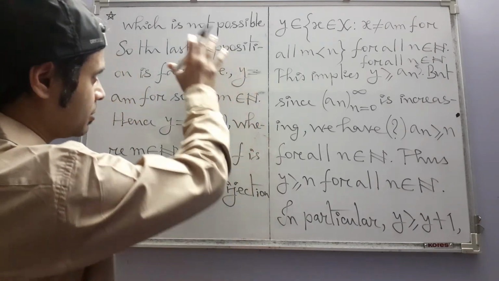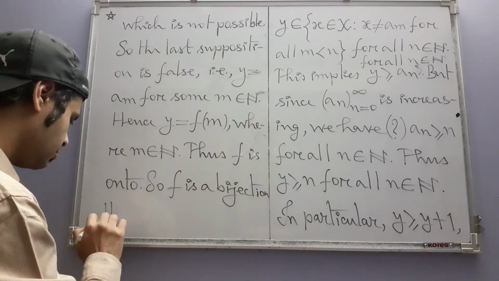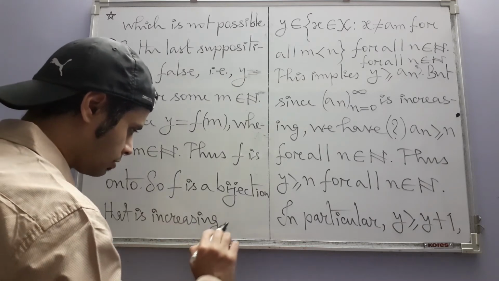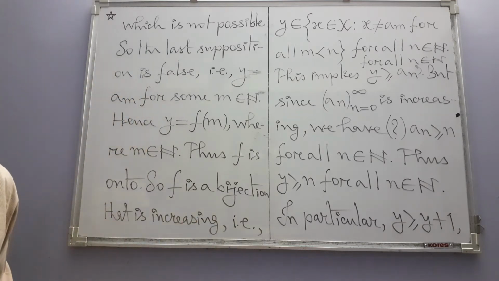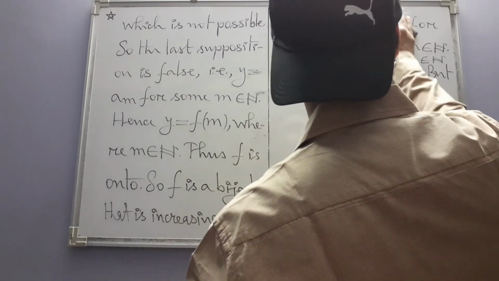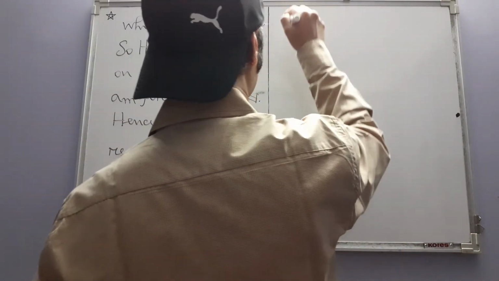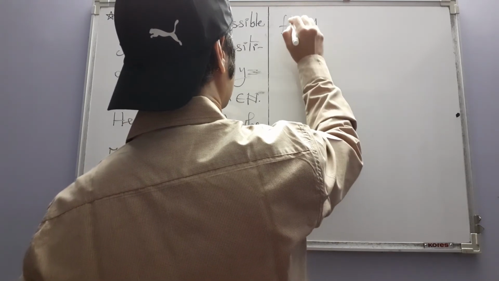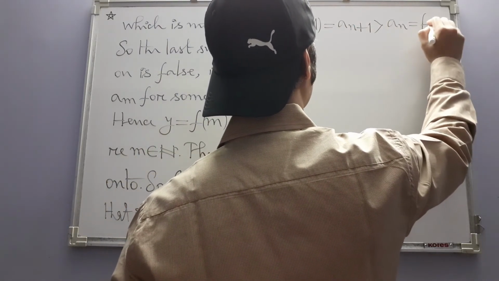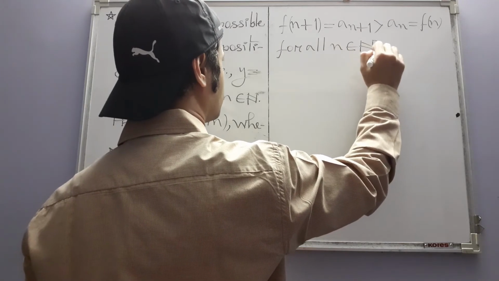If I have in fact said somewhere before this that f is increasing in nature, then just ignore this next part. f is a bijection that is increasing, i.e., f of n plus 1, which is a(n+1), is greater than an, which is f of n, for all natural numbers n.